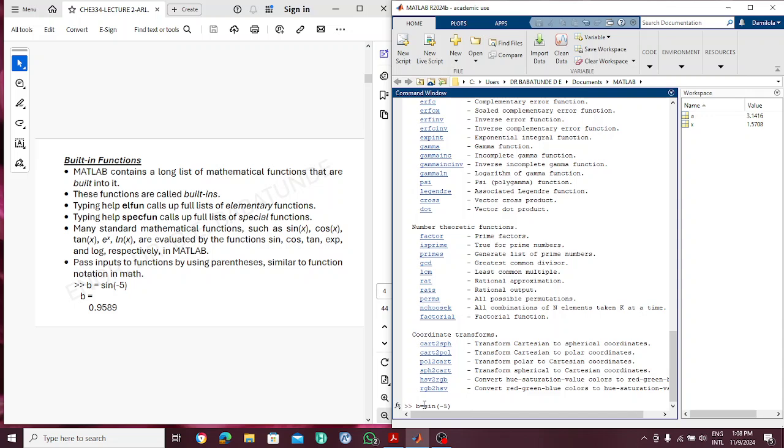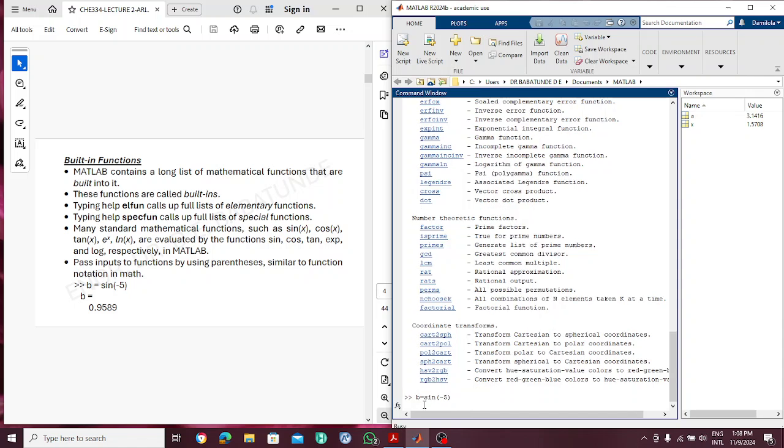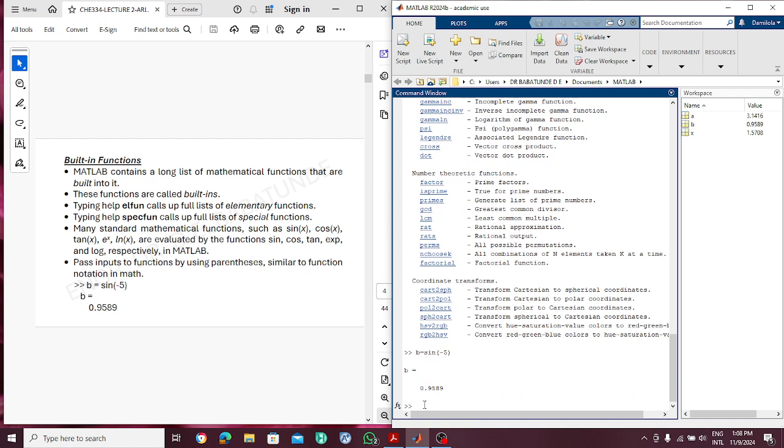So we just put minus 5, we press enter and it returns the value for us. So when you call a function, you open a parenthesis and supply the argument that it needs. But you must understand how MATLAB interprets this. Like I've said, if you are using sine as a function, it believes that the argument you are supplying is in radian.